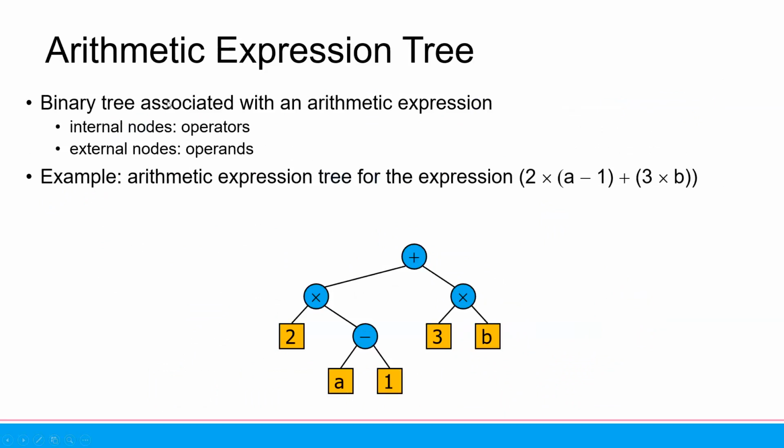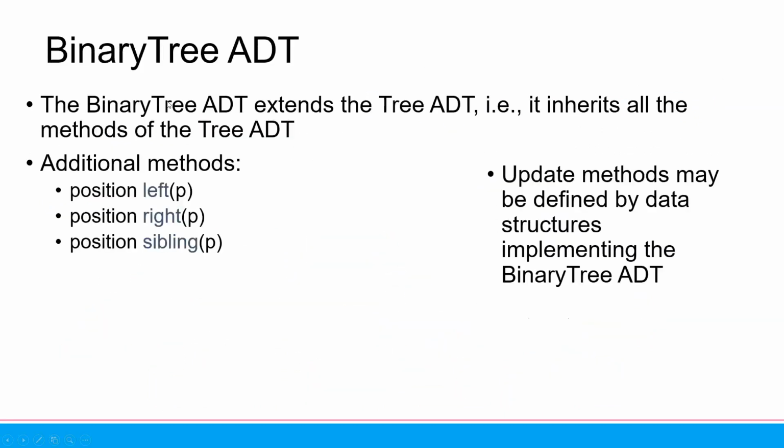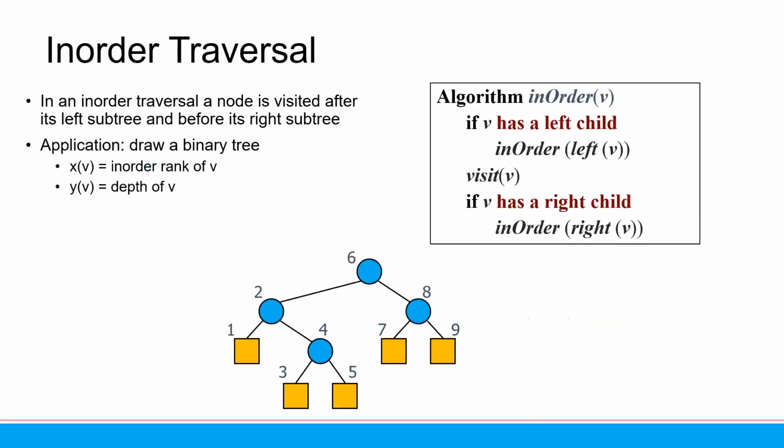So we have the binary tree, and you already know about pre-order traversal and post-order traversal. Now there is another kind of traversal, we call it in-order traversal. In an in-order traversal, a node is visited after its left subtree and before its right subtree.